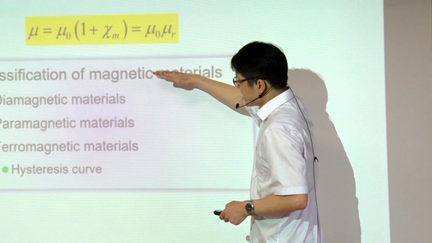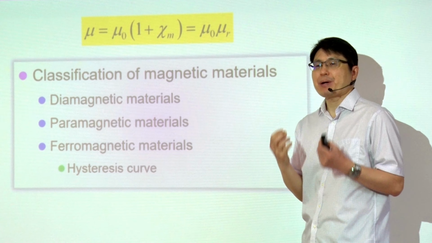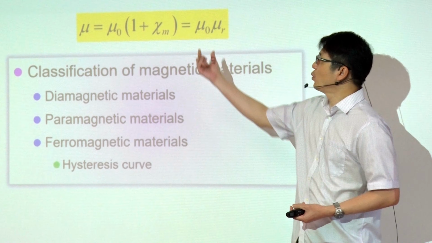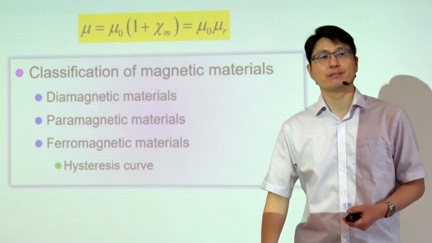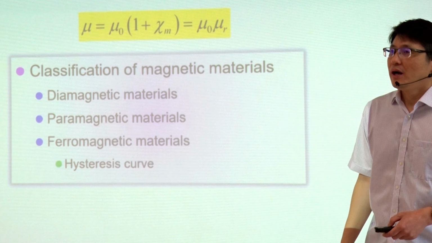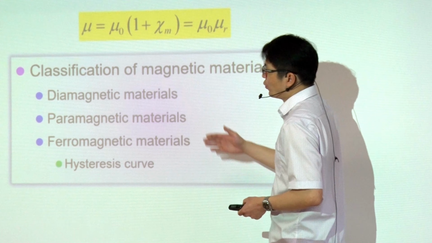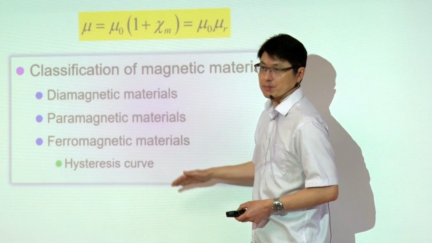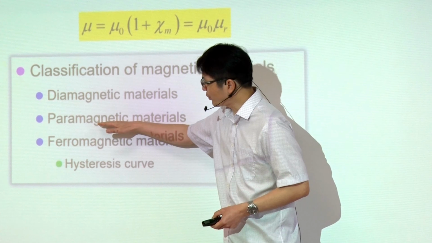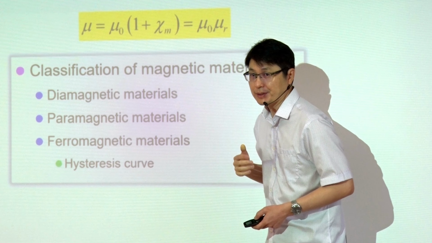The classification of magnetic materials is basically looking at what type of mu r that material is giving you, okay? Simply put, we can classify materials into 3 types: diamagnetic, paramagnetic, and ferromagnetic, right?